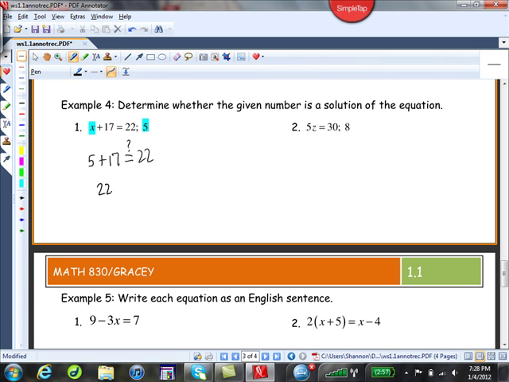Well, here we get 22 equals 22. That looks true to me, right? So here again, we put 5 in for x. We completed the calculations and we got a true statement. So don't forget to answer the question.